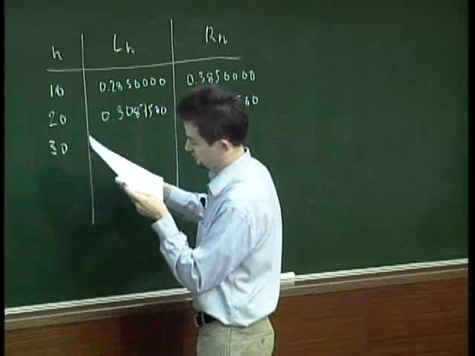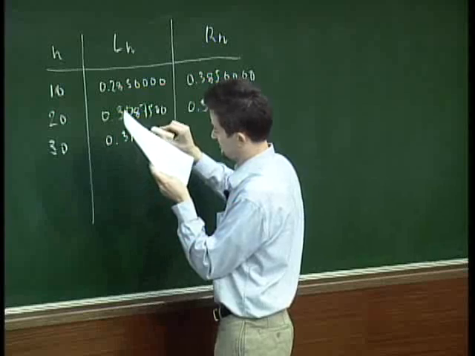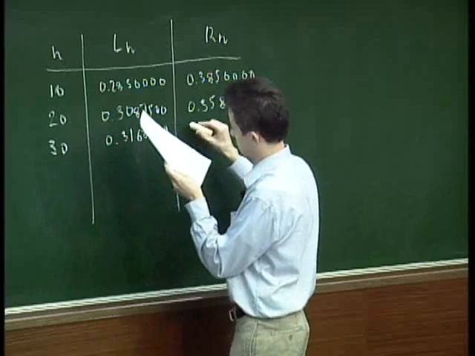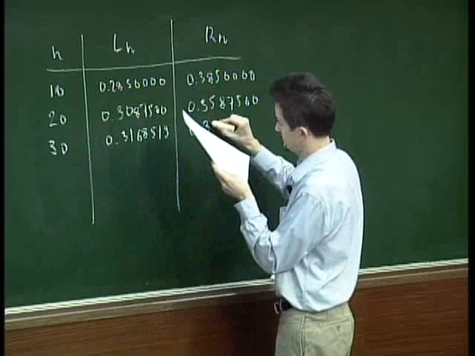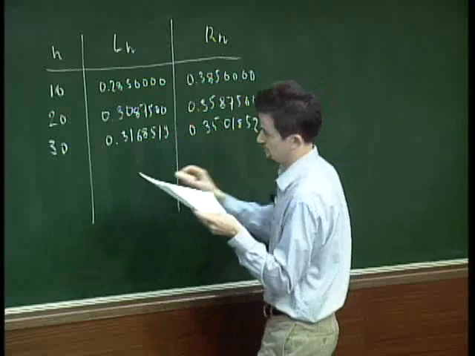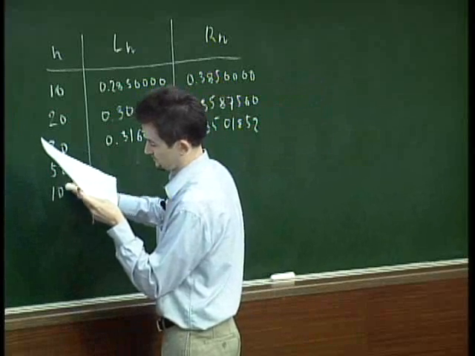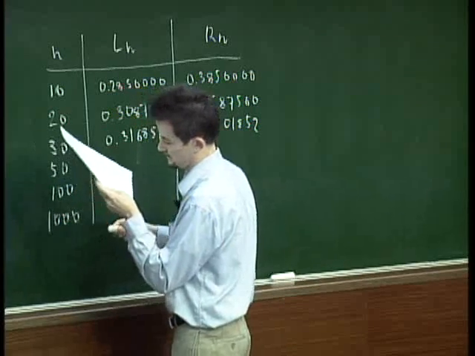If we choose 30, we have 0.3168519. Let me just copy the whole thing. Now 50, 100, and 1,000.